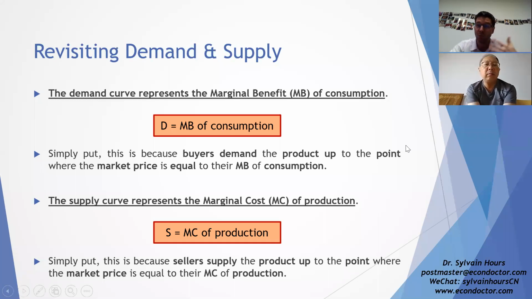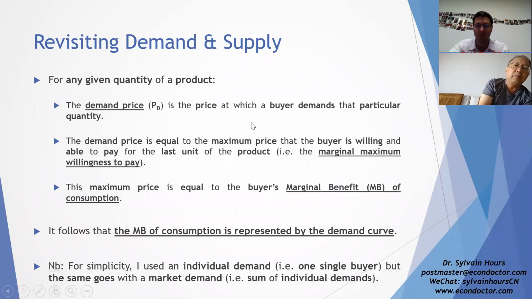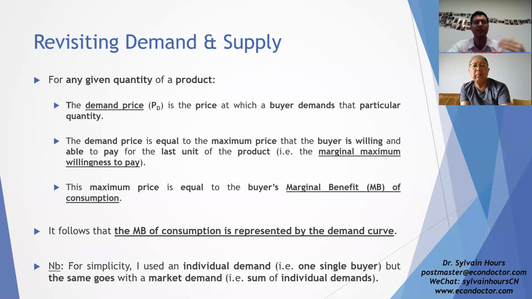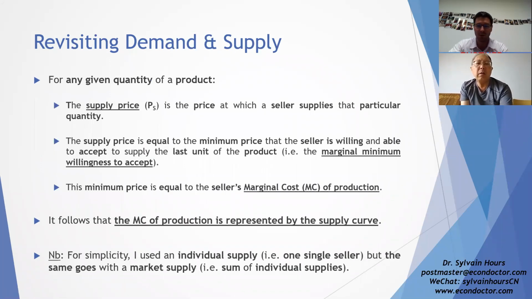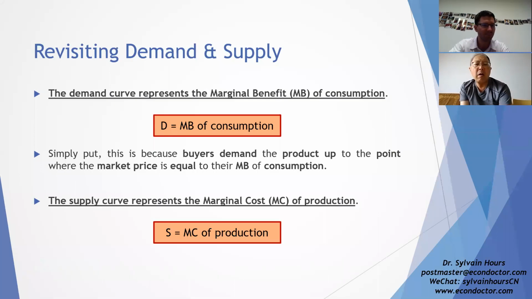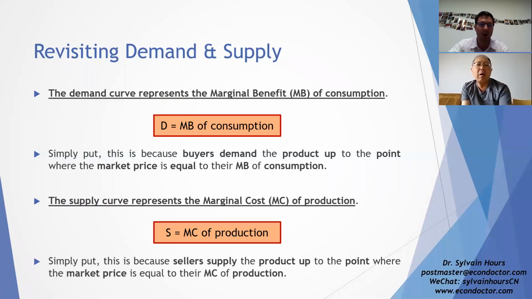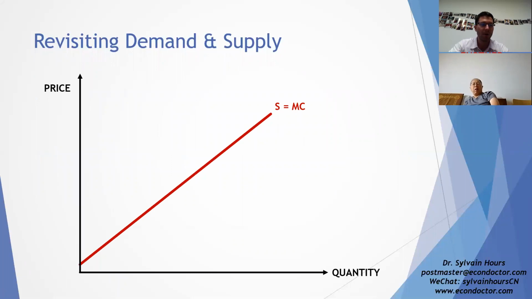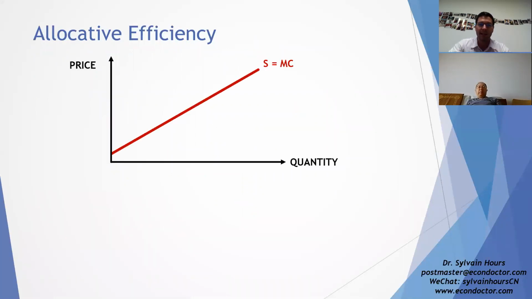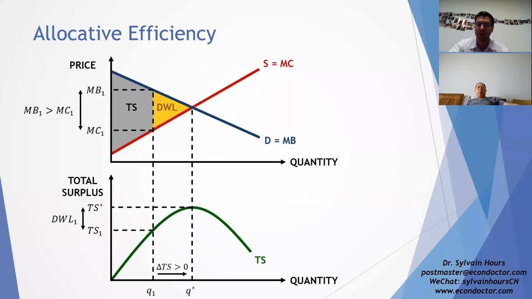If you want more detail, I have created a few extra slides, the one step further star, that give a detailed explanation of why demand is the marginal benefit and why supply is the marginal cost, but it is probably a bit too advanced for the students. Okay, and I am done with allocative efficiency. Do you have any questions about allocative efficiency at that stage?